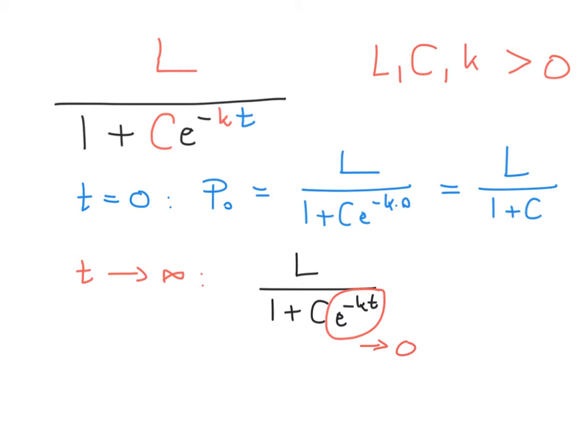But then c times something that goes to 0 still goes to 0, so this whole term goes to 0. The other two parts, L and 1, are unaffected by it.